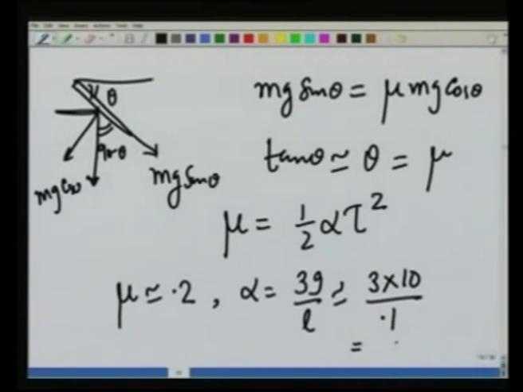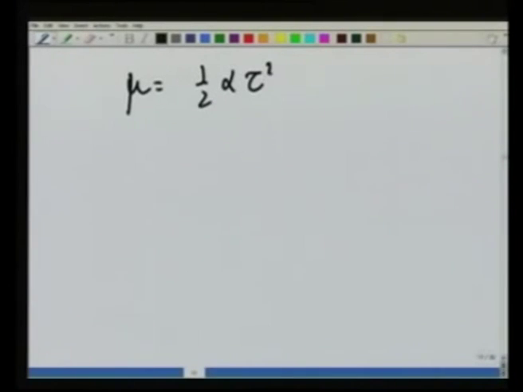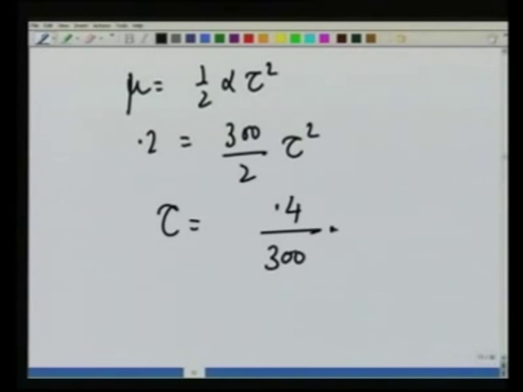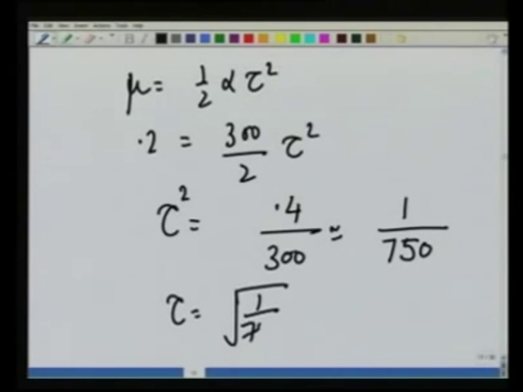So, that comes out to be roughly 300, and therefore, I have mu equal to 1/2 alpha tau square, 0.2 equals 300 divided by 2 tau square, or tau square is 0.4 over 300, roughly 1 over 750, and therefore, tau equals the square root of 1 over 750, which I can write as maximum 1 over 30 seconds.